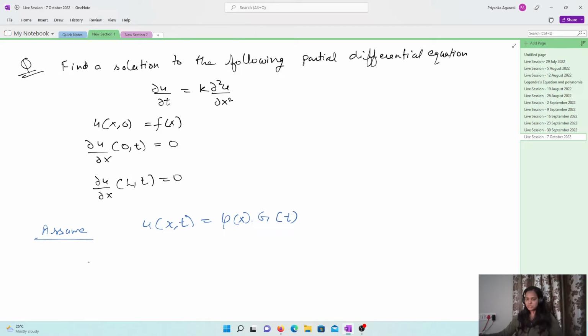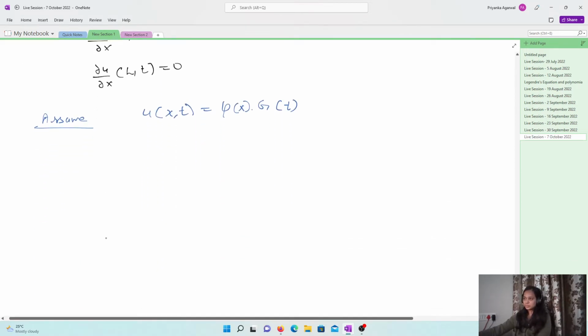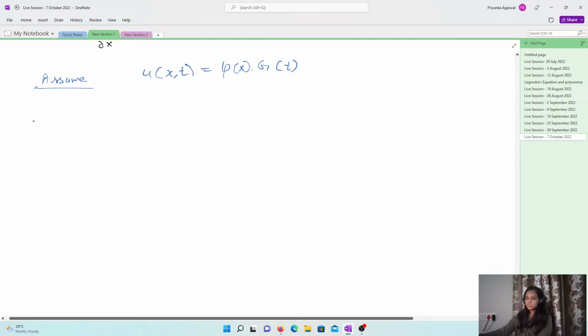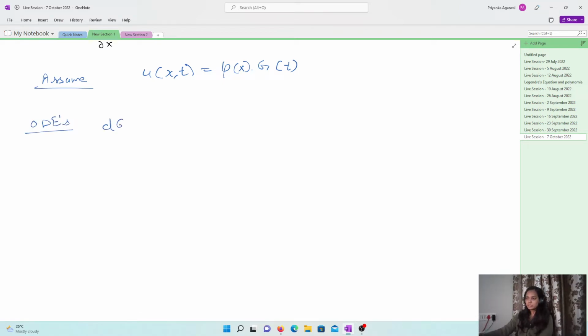And so I will straight away directly write down the equations. So the ODEs found in this case will be dg over dt equals minus k lambda g, and the other will be d square psi over dx square plus lambda psi equals 0.